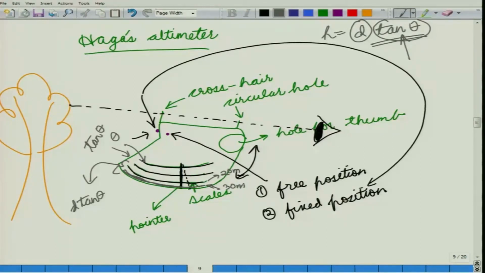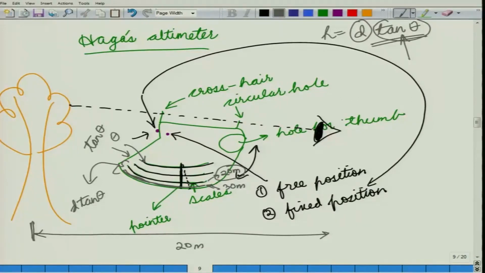To use this instrument, you would take your position from the base of the tree such that this distance was 20 meters. Once you have done that, when you take the readings from this device, you can look at this scale of 20 meters and you will directly get the height.